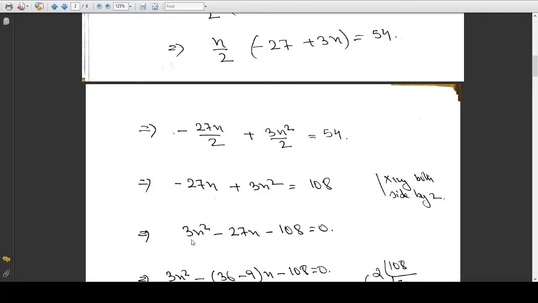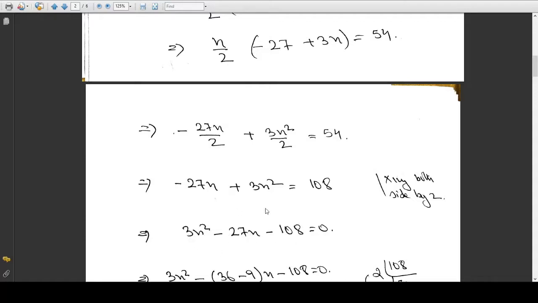What is this expression? This expression is in the form of a quadratic equation, where the variable here is n instead of x.